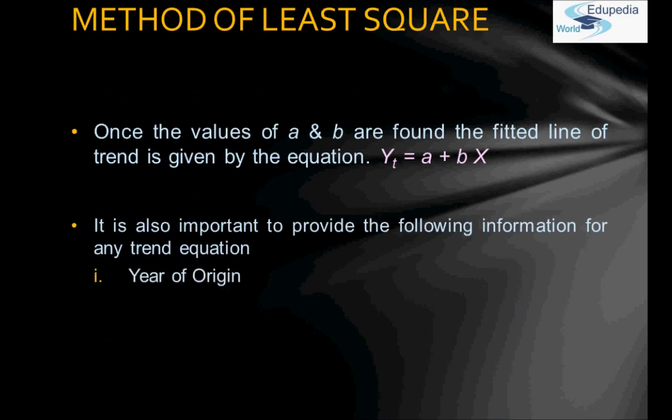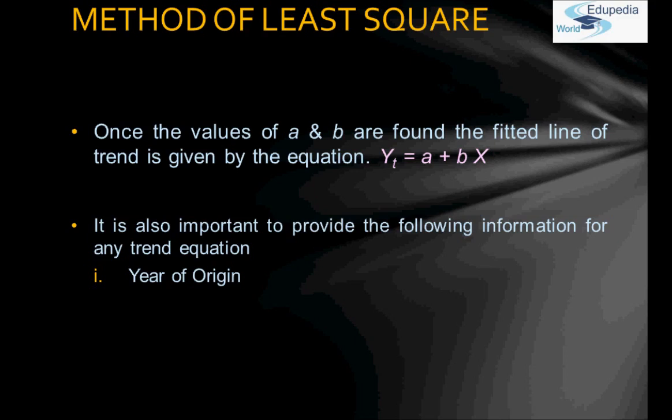But before taking up the numerical problem, one important note here is that once the values of a and b are found, the fitted line of trend is given by the equation yt equals a plus bx, where we will use both a and b as what we got previously.